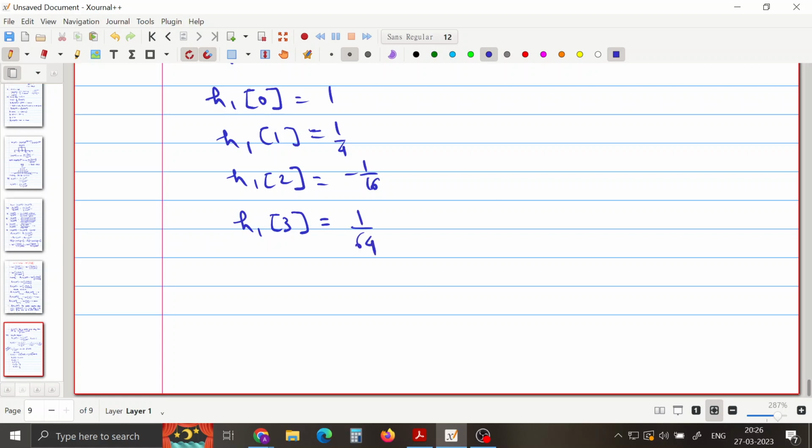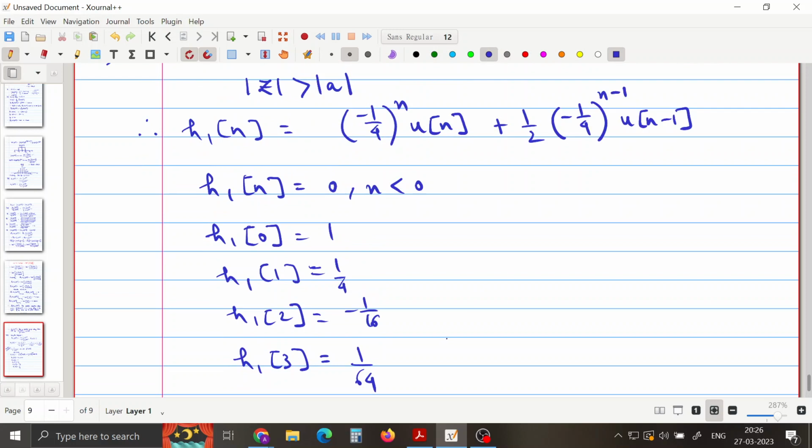So like this, and you would get approximately a graph that looks like this.